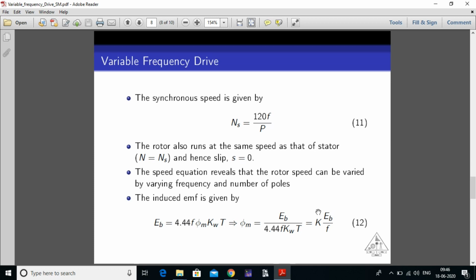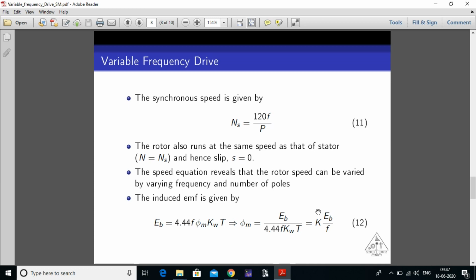In order to avoid this issue, we will decrease frequency as well as induced EMF simultaneously so that EB by F is constant. Or we will increase or decrease frequency and applied voltage simultaneously so that V by F is a constant.